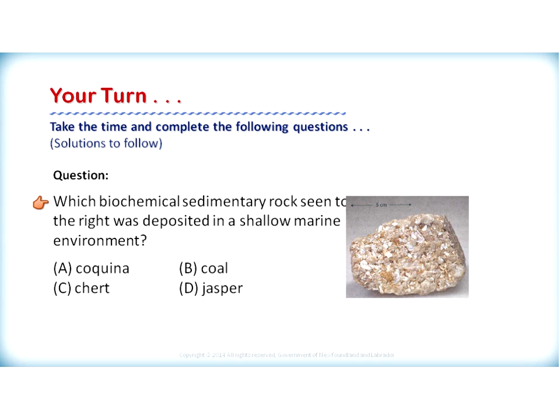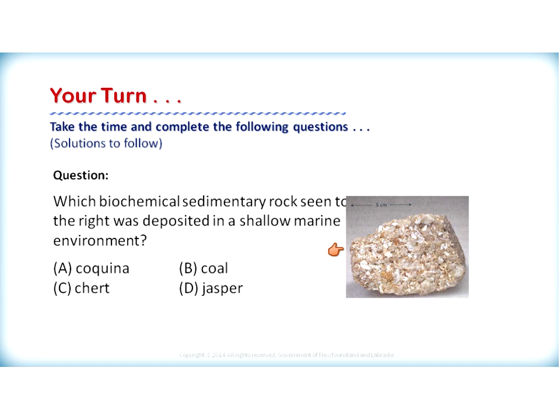The question reads, which biochemical sedimentary rock seen to the right was deposited in a shallow marine environment? If we look at the diagram to the right, we see that it is made up of many fragments of shells that are all cemented and compacted together to form a solid rock.